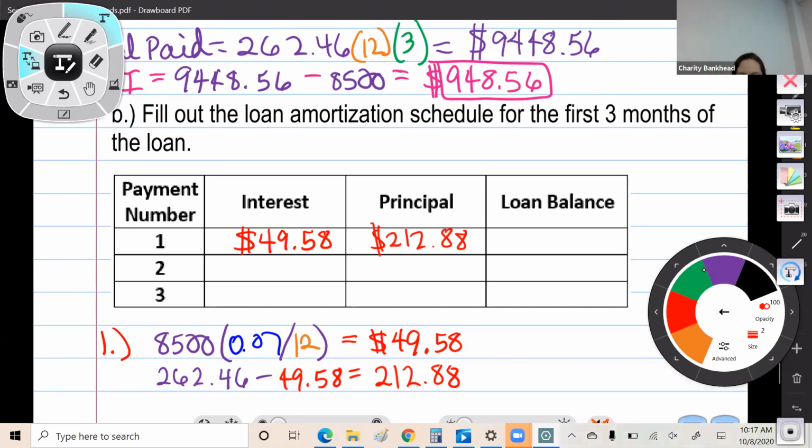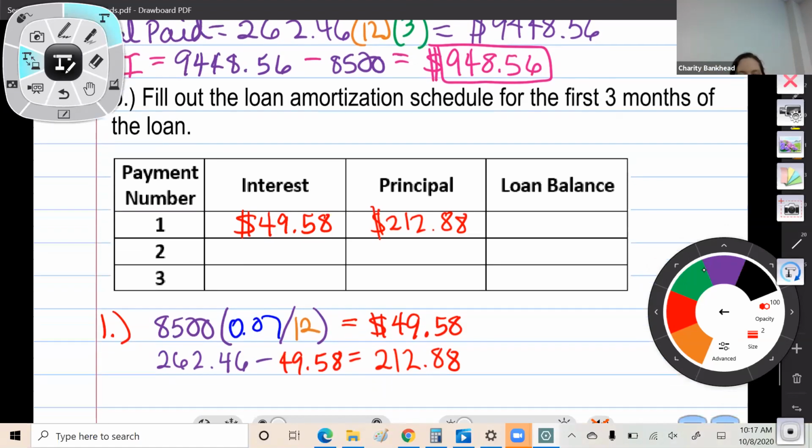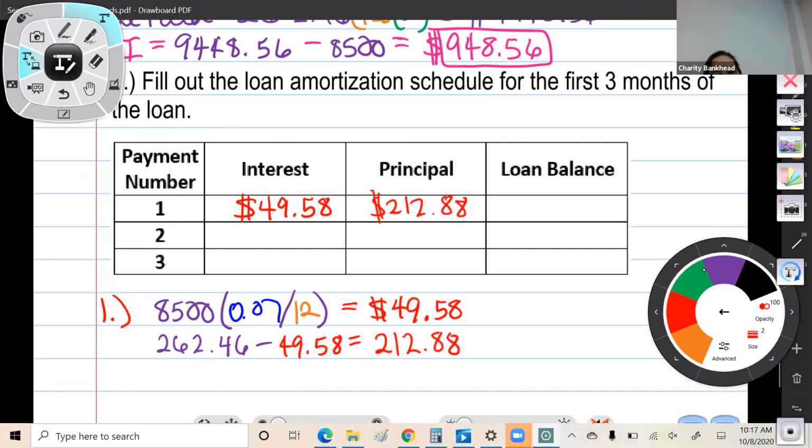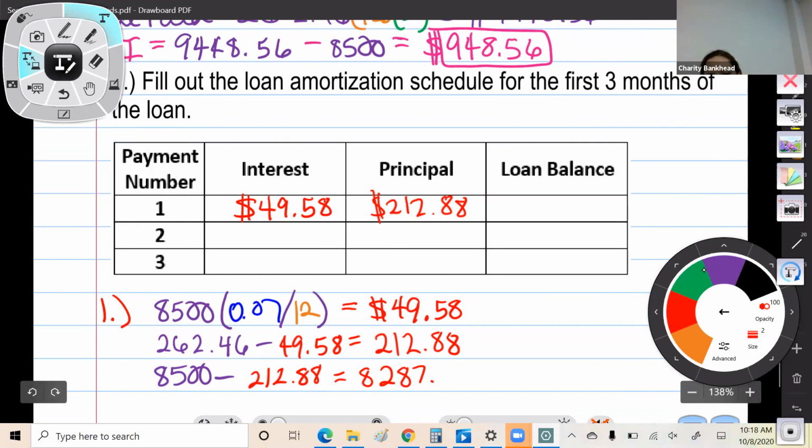Okay. So to then calculate the new balance of the loan, you take the previous balance of the loan, which in this case was 8,500, and you subtract 212.88. And that's $8,287.12.